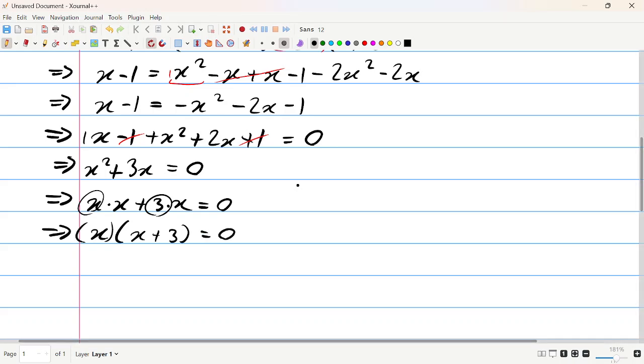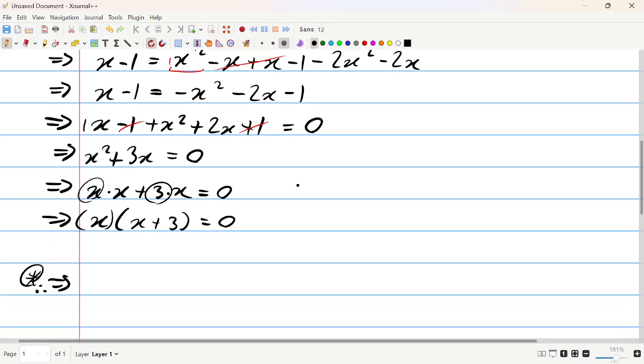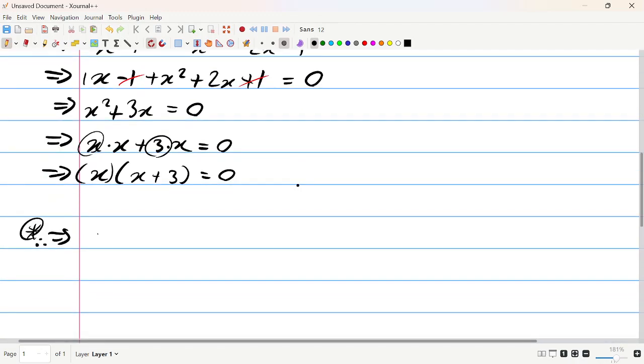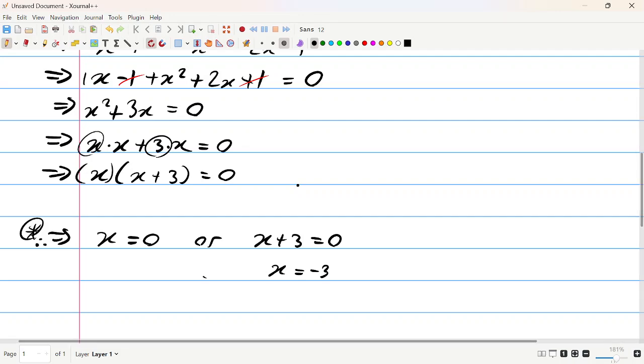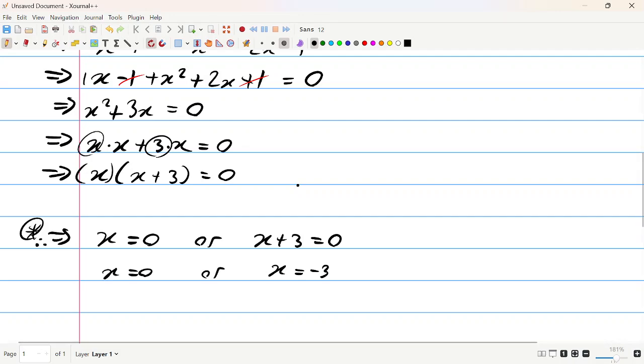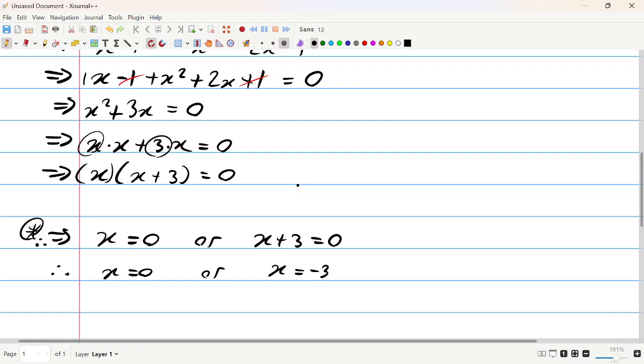Then we have x multiplied by x plus 3, and therefore, this is a therefore sign, by the way. I don't know why I did that. We have x is equal to 0, or x plus 3 is equal to 0, which obviously means that x is equal to negative 3 for this one. Okay. There we go. There's your final answers for this question.